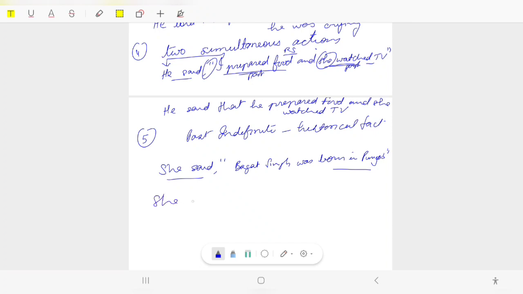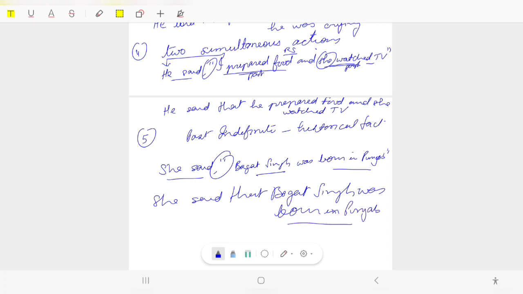So here also we'll write, she said that Bhagat Singh was born in Punjab. Tense will not be changed. So these are the situations where we do not change the tense of reported speech even when reporting verb is in the past tense.